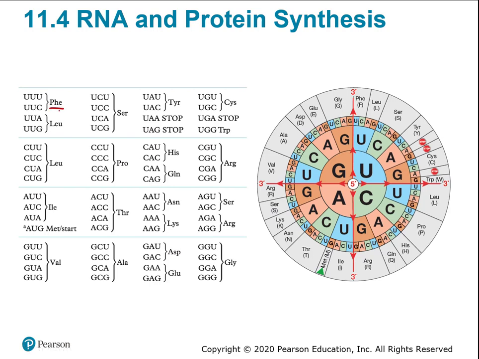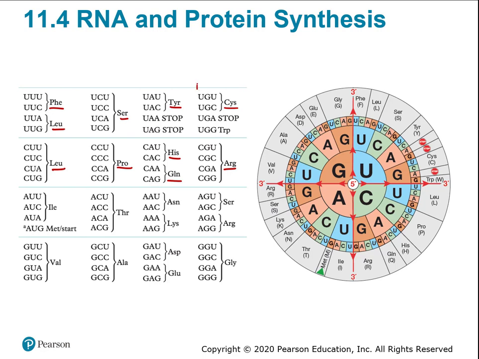These are the 3-letter abbreviations for amino acids. Like valine is VAL, leucine is LEU, lysine is LYS. You don't have to remember those, but those 3 letters stand for a certain amino acid.